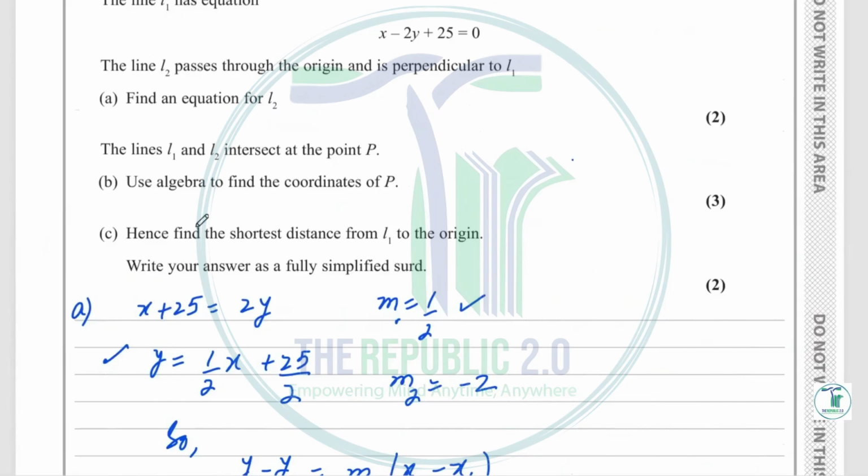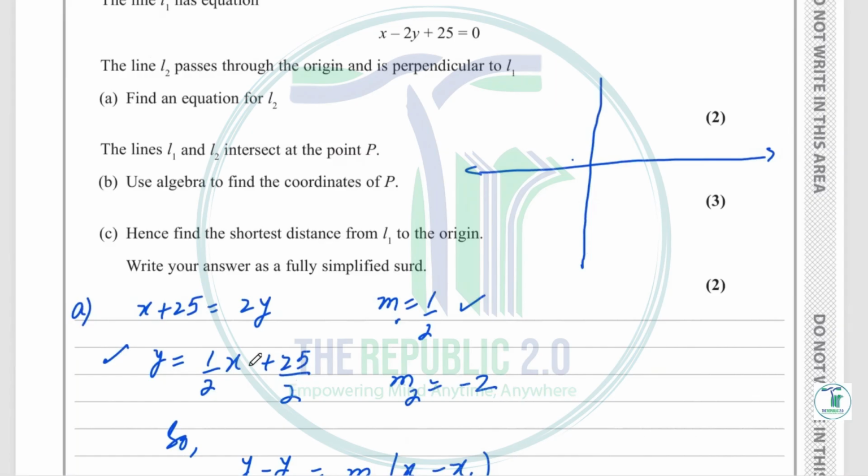In the C part, find the shortest distance from L2 to the origin and write your answer in fully simplified surd form. So we need to find the shortest distance, and one should know that the shortest distance has to be the perpendicular distance. So first of all, for a better understanding, I'll plot the equations. The first equation was y equals 1 by 2x plus 25 upon 2.